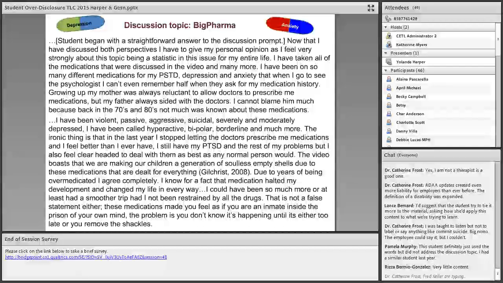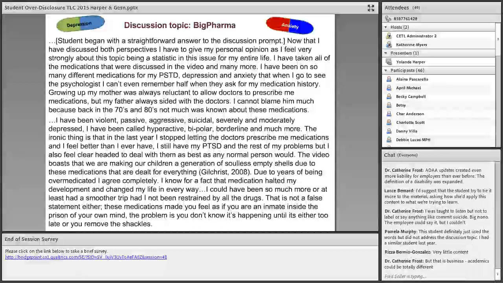So this is actually the bottom half of a student's response, and the discussion topic students were asked to share was two sides of a controversy about whether or not the pharmaceutical industry has the consumer's best interest in mind. And this particular student started with two paragraphs that I would say are A+ academic content related to discussion.